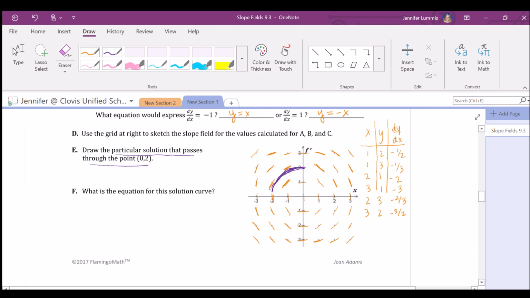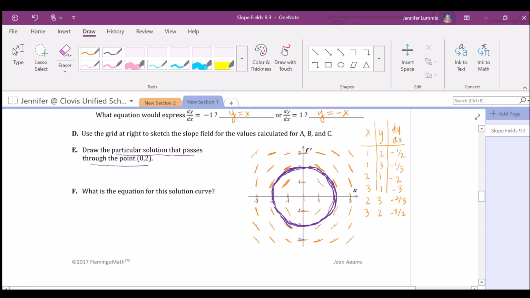So as we get to the next tangent line slope, we're just going to start curving with it. So just follow the slopes all the way around, and you should have been able to see what looked like a circle, right? All the rings coming around here. This is just the particular solution.